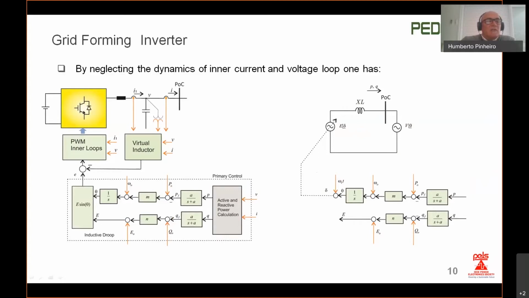We see that there is a strong correlation between the voltage reference and the voltage at the POC. Of course, you have to take into account these virtual inductors, represented here by the reactance XL. This is the equivalent circuit that can be used to describe the dynamics in quasi-sinusoidal steady state for the Droop control.